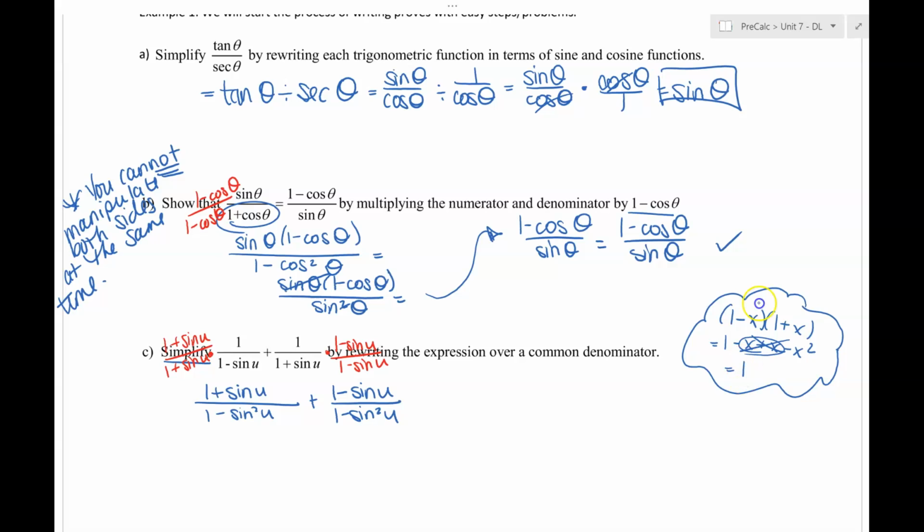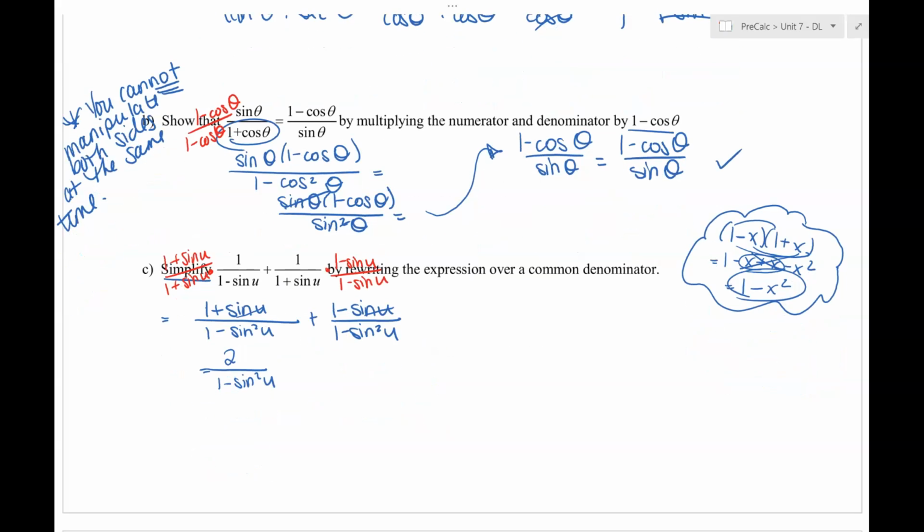So you get the first multiplied by the last. That is the conjugate. So that's why I'm not going through the whole first, outside, inside, last, because I don't need to. They're conjugates. All right, so then up top, we get 1 and 1, so that is 2. These cancel. So 2 over 1 minus sine squared u.